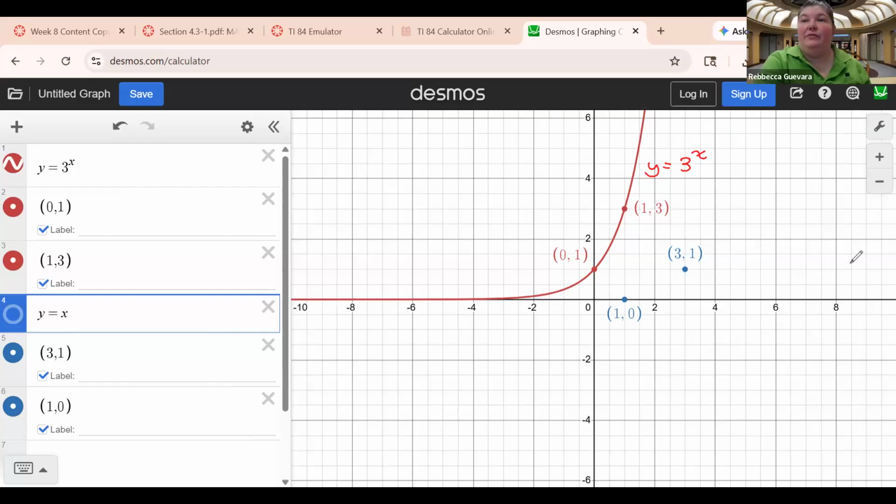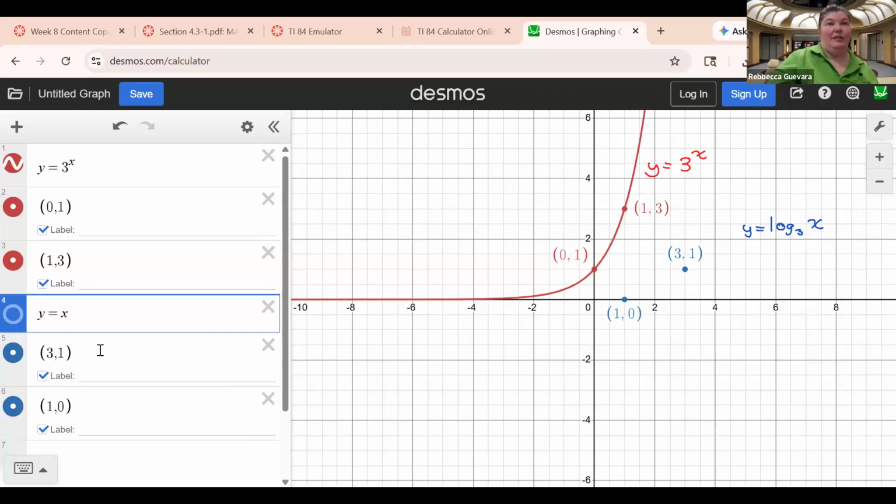So what I want to graph is I want to see what the inverse would look like. So y is log base 3 of x. So one of the things we know, just to prove that we actually find the inverse here, is that 3 to the x goes to the points 0, 1 and 1, 3. Therefore, its inverse just goes to the points 1, 0 and 3, 1.